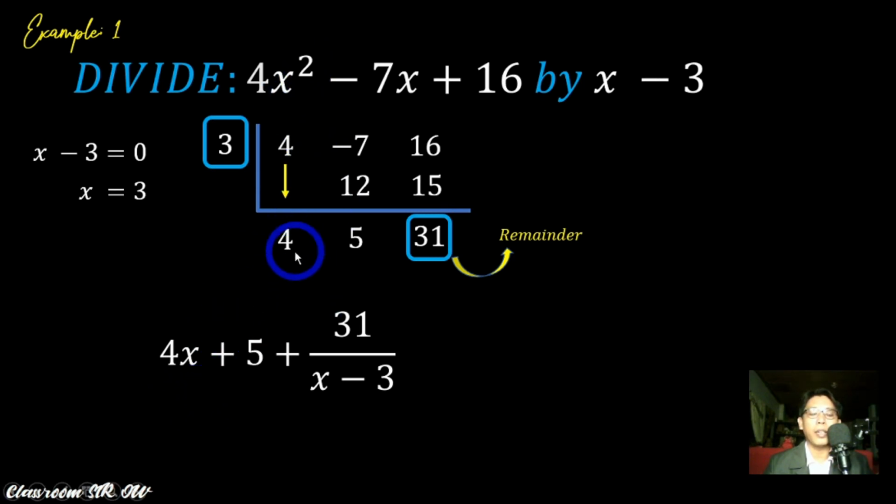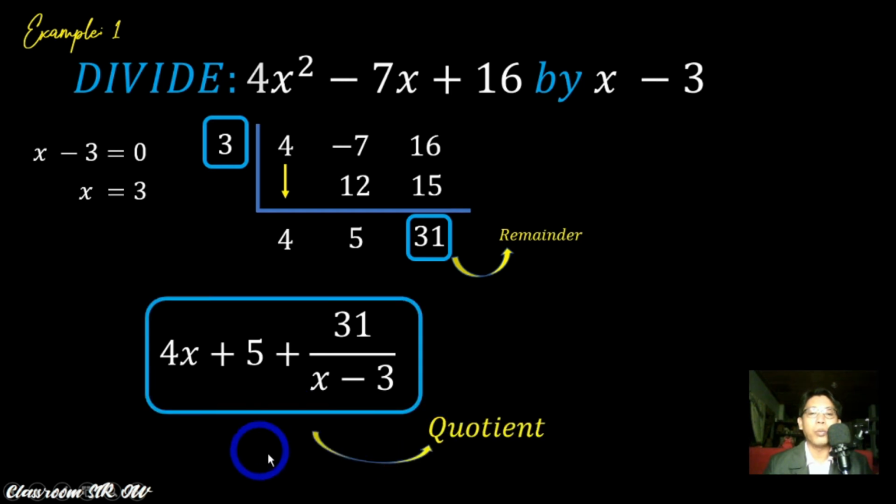That is why the first number is 4, then we place x, followed by positive 5 plus the remainder, which is 31, divided by the given divisor, which is x minus 3. So this will be our quotient or our answer for this example number 1.